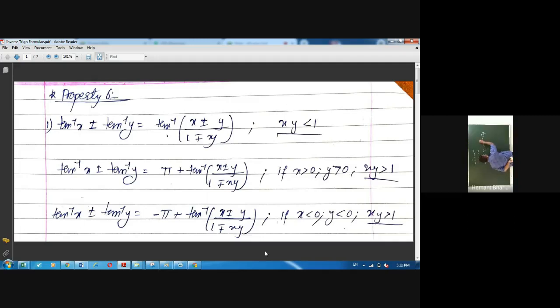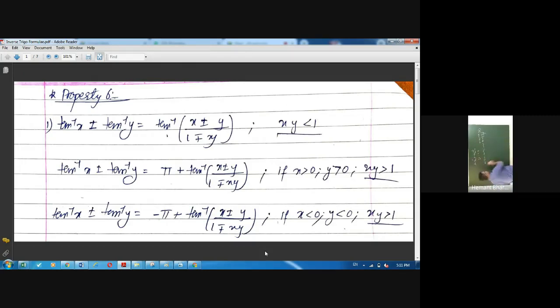This is when x is greater than 0, y is greater than 0, and xy is greater than 1, which is this case: my x is 2, my y is 5, both are greater than 0 and x into y is greater than 1. And this will become minus pi if x is less than 0 and y is less than 0, but again the condition is the same, x into y greater than 1.